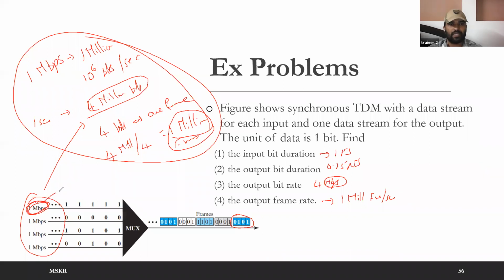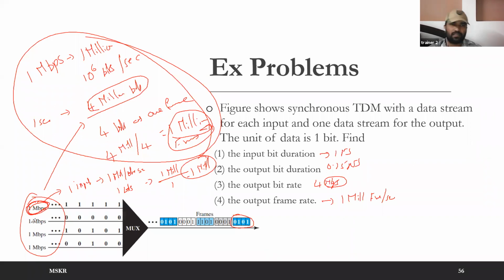So 1 Mbps for one input is 1 million bits per second. Now, how many bits of each input are placed in the frame? 1 bit is placed. That means 1 million by 1 is equal to 1 million. So same answer, whatever you get. So there are two ways of doing the same question.